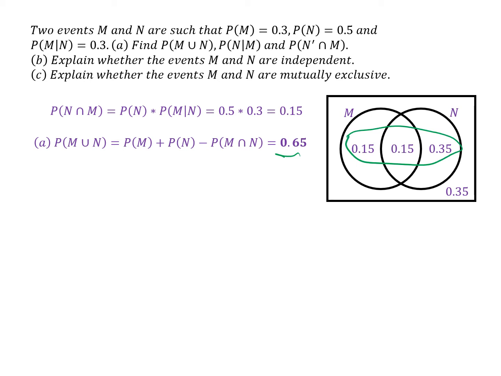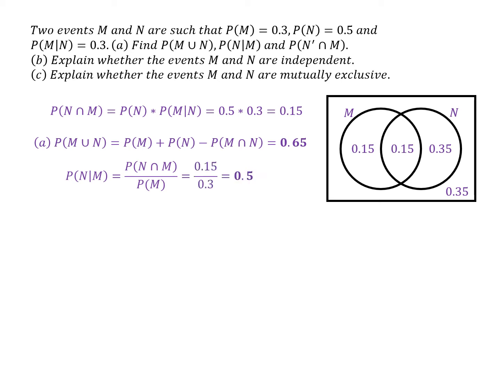Okay, we've also then got to find the probability of N given M. So the probability of N given M is the probability of N and M divided by the probability of M, which is 0.5.